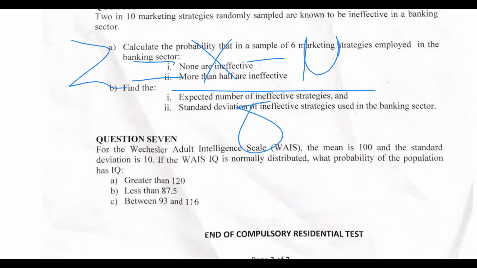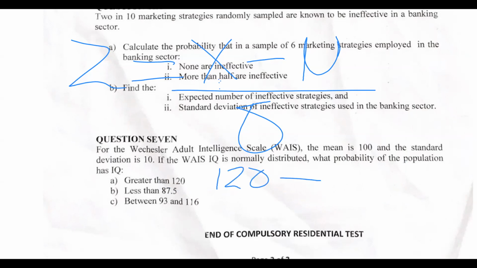This is your x. This number here, number 1, is your x. What we are trying to do is to convert this 120. How do you convert? Your x is 120 minus your mu.